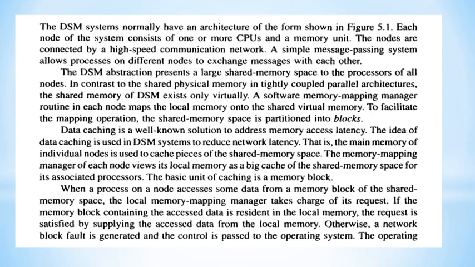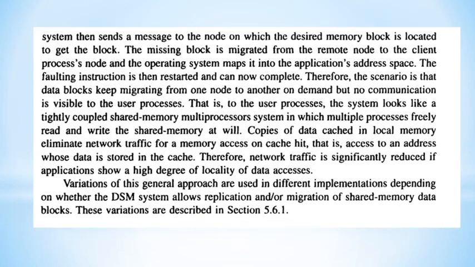In a system, if a block fault is generated and the control is passed to the operating system, the operating system will send a message to the node so that it can identify the missing block. If there is any missing block, it is migrated from the remote node to the client process node.